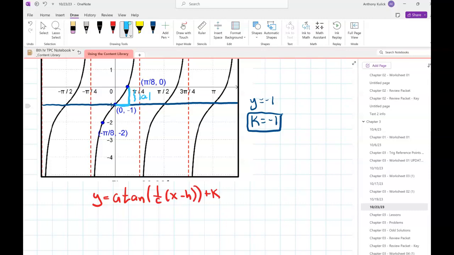So how far is it from -1 to 0? That's 1 unit, right? So a should be plus or minus 1. So far, so good.